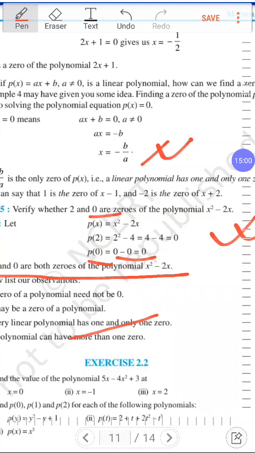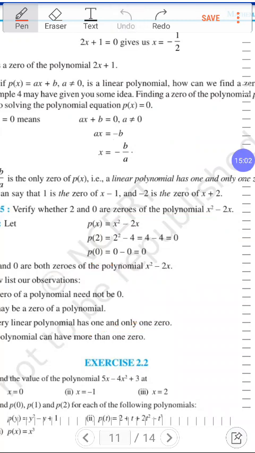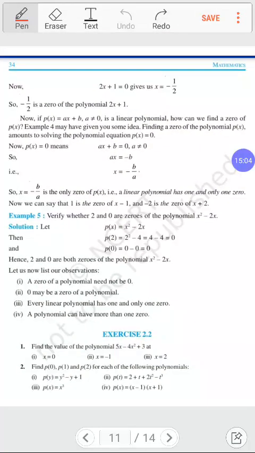Okay, now let us list our observations. What are the observations we made after reading all this? A zero of a polynomial need not be zero. Understand this line properly, my dear, otherwise it will make you confused.